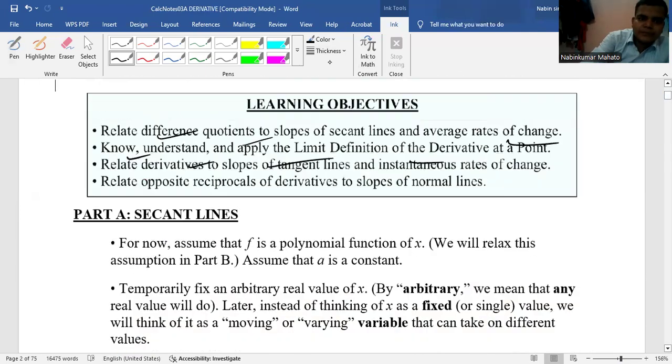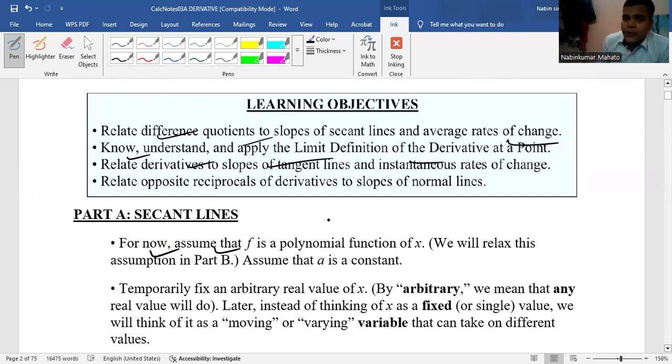Look at all the things given below about this secant line. For now, assume that f is a polynomial function.